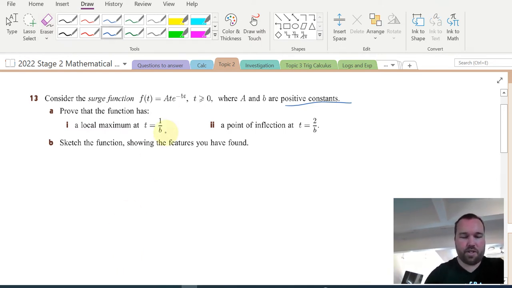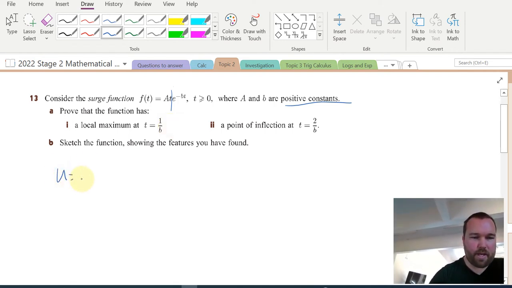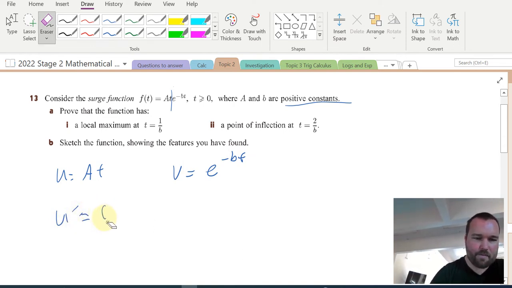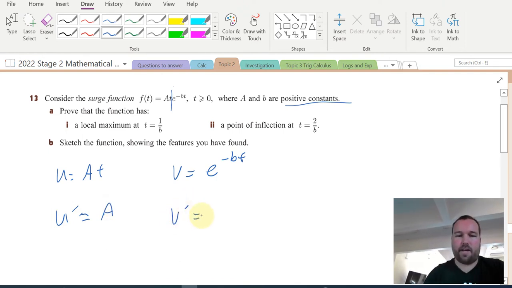First of all, differentiating. So here there are two functions of t. There's a t and e to the minus bt. So we're going to use product rule, with u being a t and v being e to the minus bt. Well, u dash is just a, and v dash you take is minus b e to the minus bt.